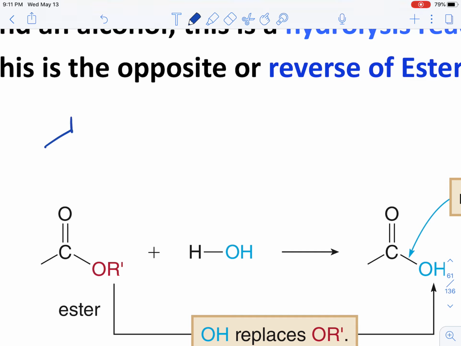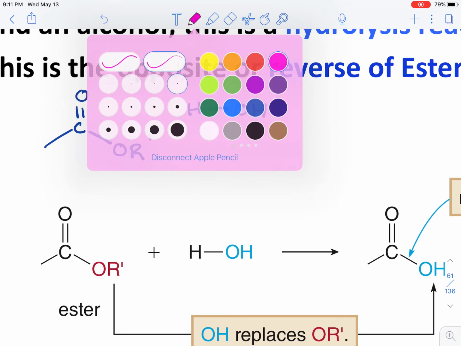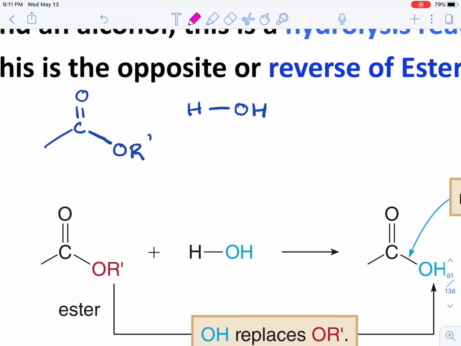And so if we have this specific ester in the presence of a strong acid, such as H2SO4, and large amounts of water, the water molecule is going to be in great excess.